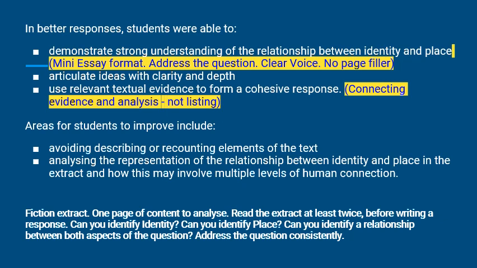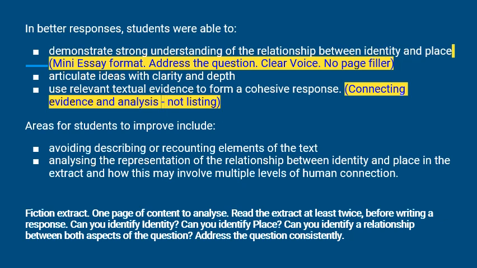Sometimes if we read through stimulus too quickly or without due care, we can miss examples earlier in the piece, or we could miss examples in the middle of the piece, so we could have examples only from the beginning and the end of the piece. So you need to be clear about what you're trying to identify. Here we're trying to identify identity, we're trying to identify place, and then you're going to look to identify a relationship between both aspects of the question.